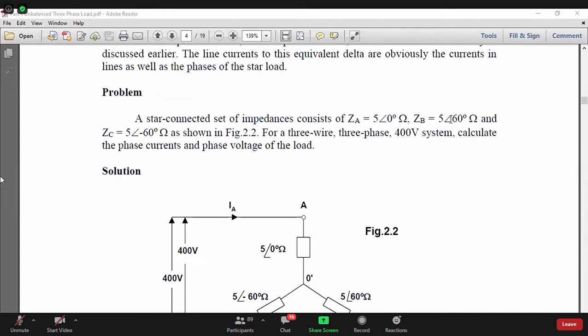What does it mean? It's R plus L, an inductive load. ZC is 5 angle minus 60. What does it mean? It is R minus XC, so it's a capacitive load. So magnitude is all 5 ohm, but they are all different. One is pure resistance, another one is R plus L, another one is R plus C.